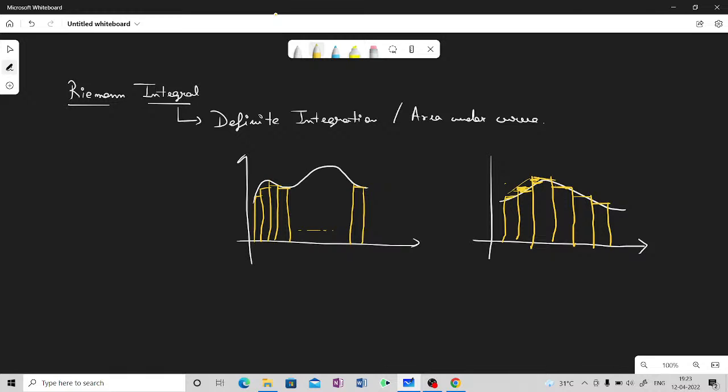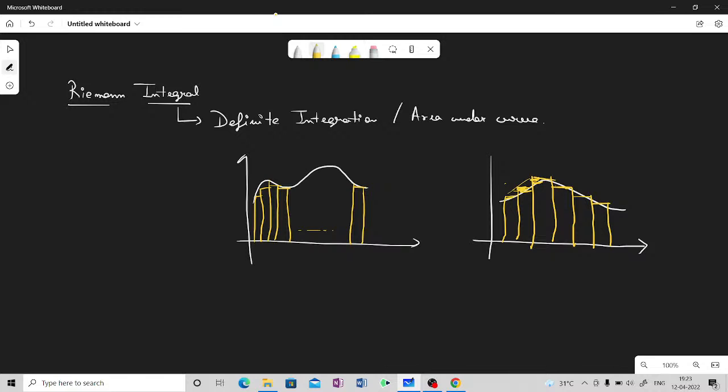So now see, the areas of these rectangles will also approximately give you the area under the curve, and the areas of these rectangles will also give you the approximate area, given that these rectangles are covered by the curve and these rectangles cover the curve.